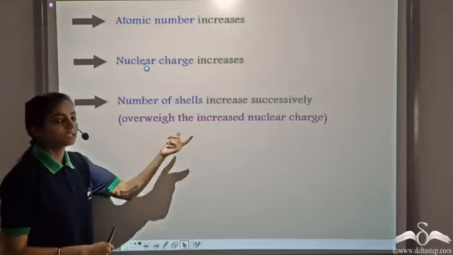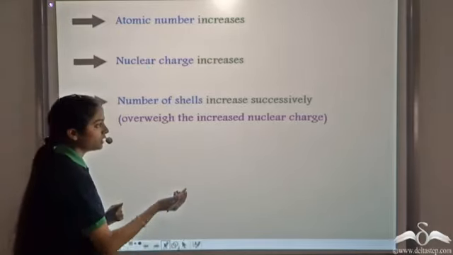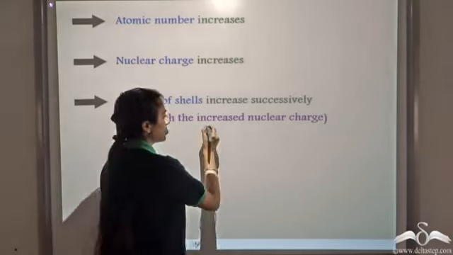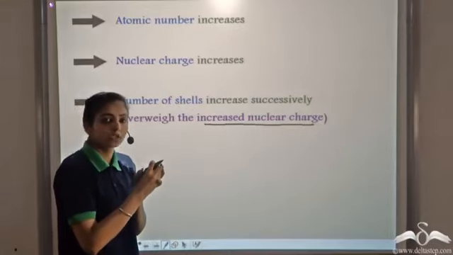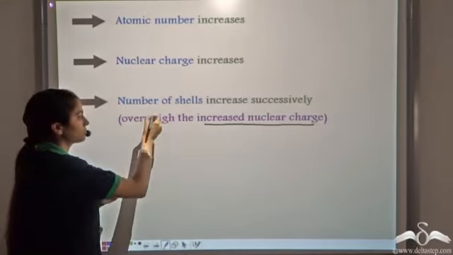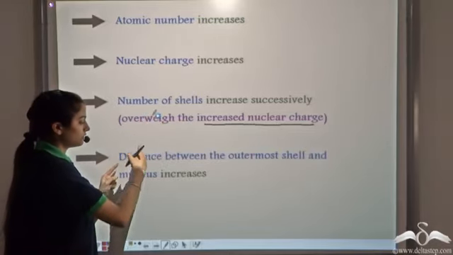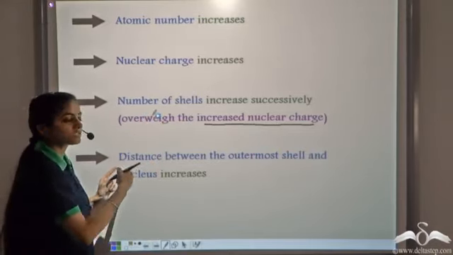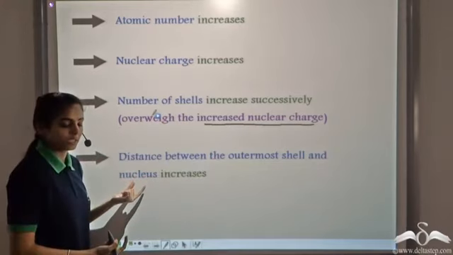They overweigh the increased nuclear charge. We know that the effect of increased nuclear charge is that it tends to pull the outermost shell close to itself. But as the number of shells is also increasing, they tend to increase the distance between the outermost shell and the nucleus.